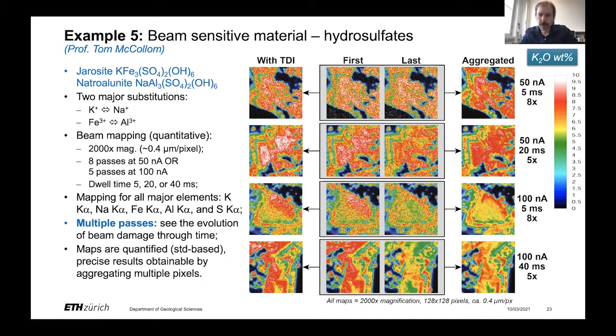So the bottom line is that once you have this kind of strong beam damage, if you were to average your pixel, you have certainly a good map. It looks good, but it is inexact. It is inaccurate because we do have damage and diffusion of potassium. Whereas if we apply the time-dependent intensity corrections, we end up again with some good results.